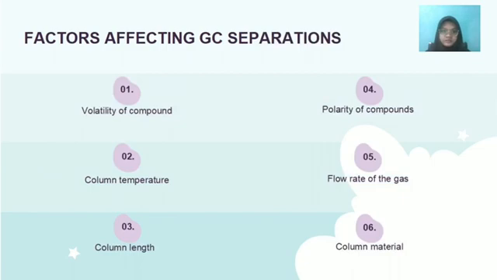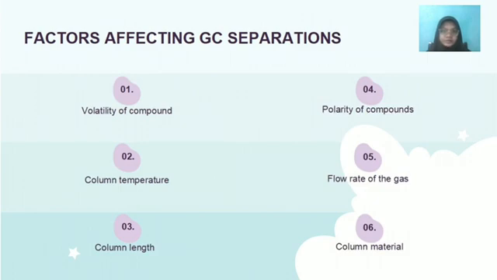For the factors affecting GC separations, first, volatility of compounds. Low boiling point components will move faster through the column than high boiling point components. Next, column temperature. Raising the column temperature speeds up all the compounds in a mixture. Next, column length. The longer the column, the longer the elution time, and it is sometimes used for better separation.